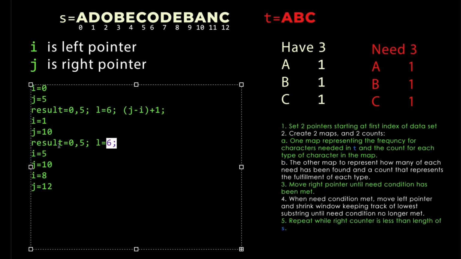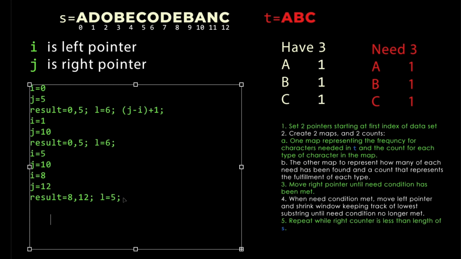So actually at this point, we're going to get a new data set: 8 and 12. We're going to get 5. And we're actually going to be incrementing this, or i, because the condition still meets.